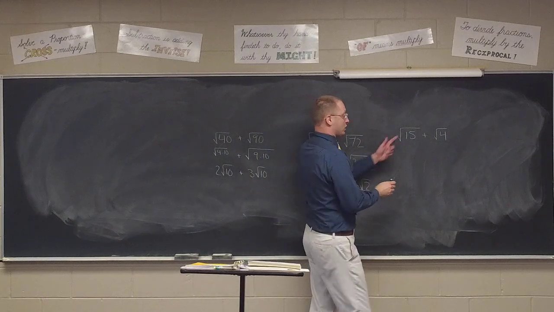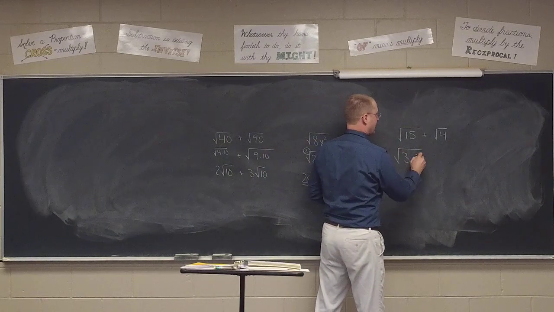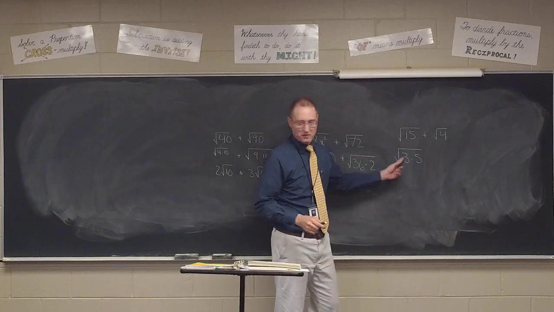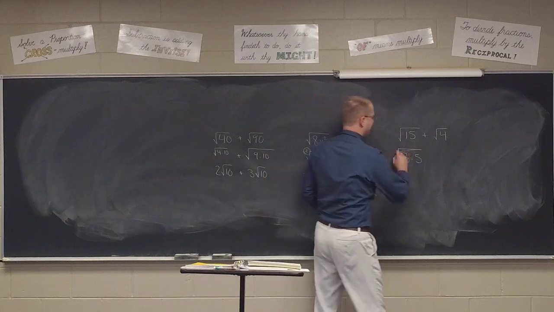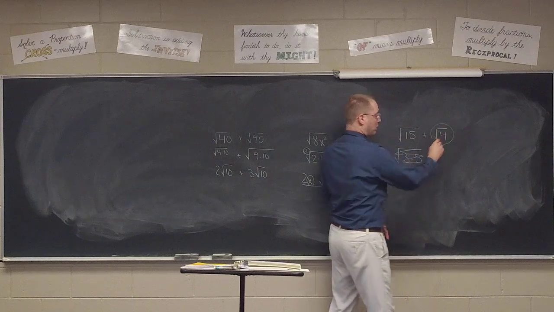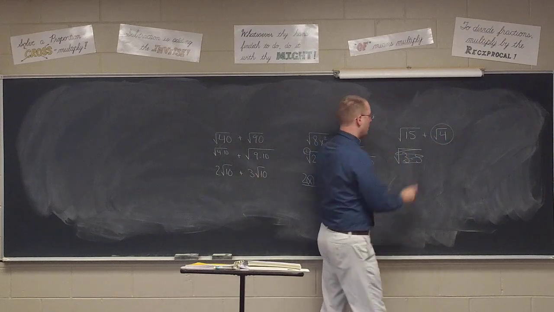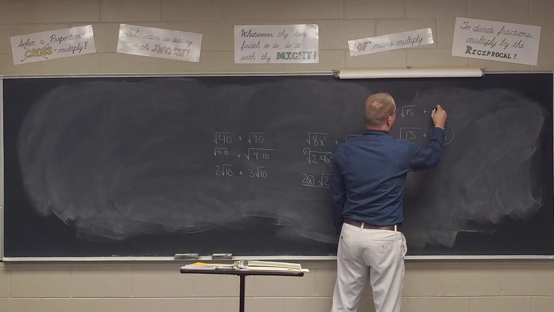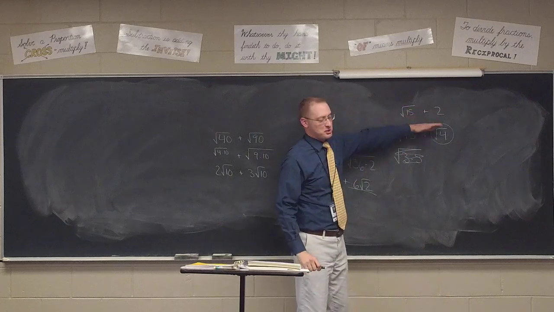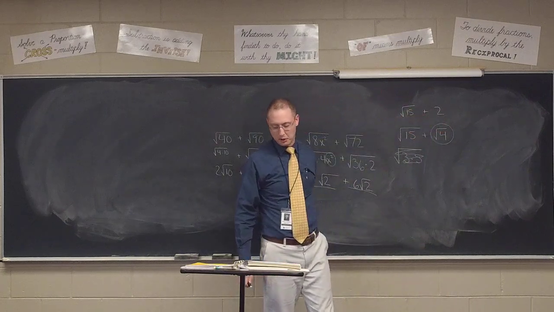This doesn't reduce at all. You say, well, I could factor 15 to 3 times 5, but can you take the square root of either of those? No. Now the square root of 4 just becomes 2. So we get the square root of 15 plus 2. One's irrational, one's rational. They're definitely not similar.